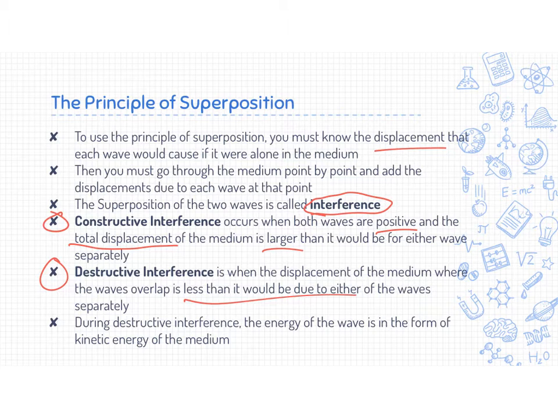I could have a little bit of a negative wave and get destructive interference. During destructive interference, the energy of the wave is converted into kinetic energy. Then as the waves keep going after they interfere, they keep going as if nothing ever happened.